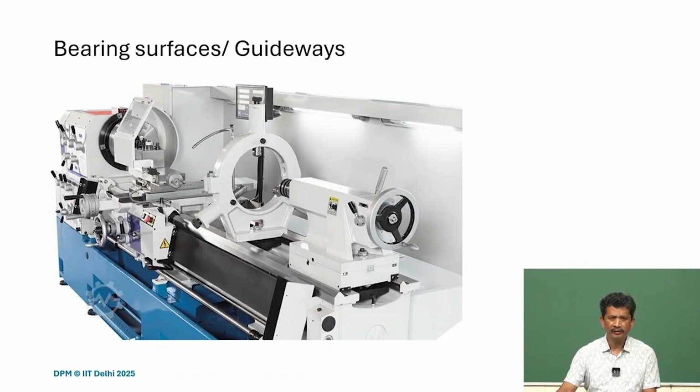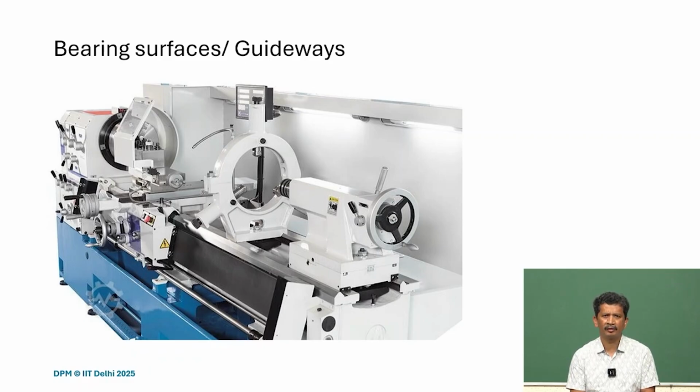So one element when we look at all these products or machines, which enables us to produce them with higher precision, is that we recognize we cannot eliminate motions. There will be relative motion between the different components, different modules.